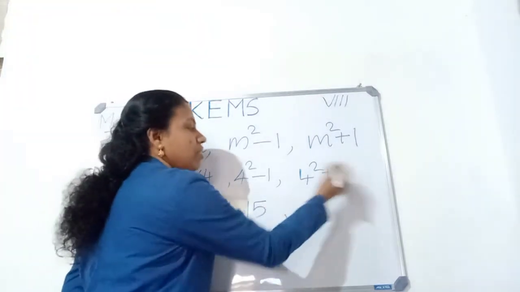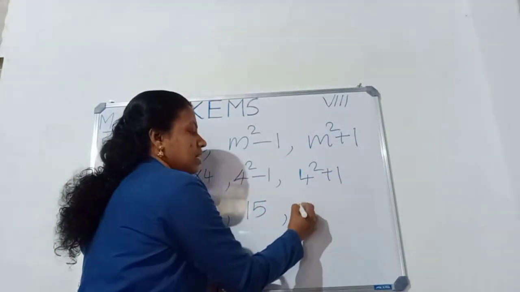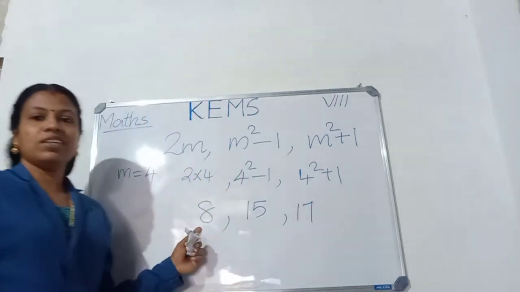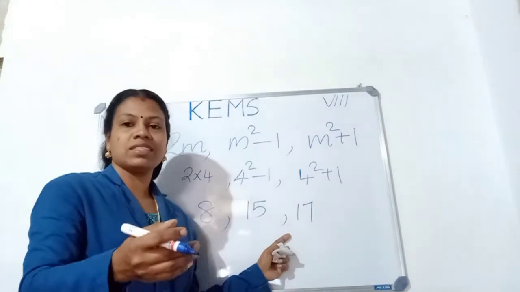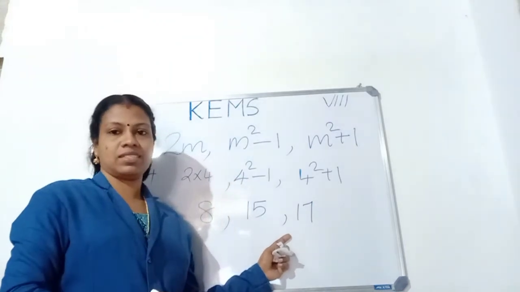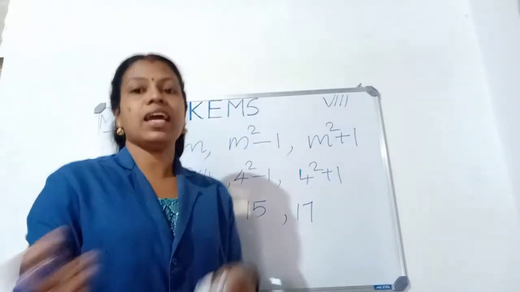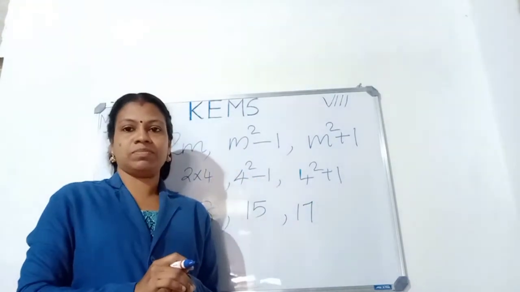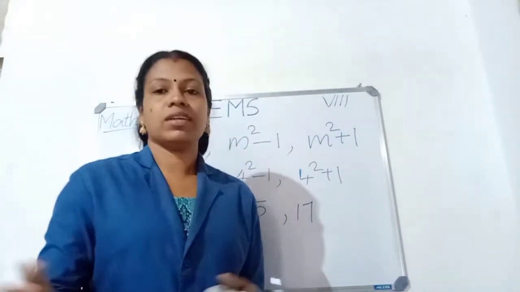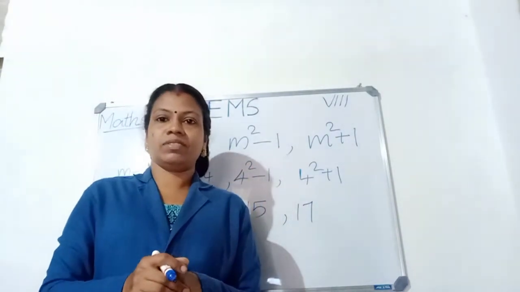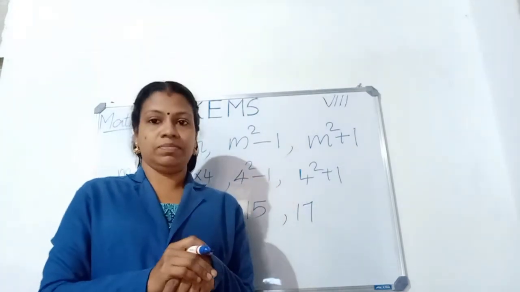And the third one is m square plus 1, that is 4 square plus 1, 17. So 8, 15 and 17 form a Pythagorean triplet. So using this form, you can find more Pythagorean triplets for any natural number m greater than 1.